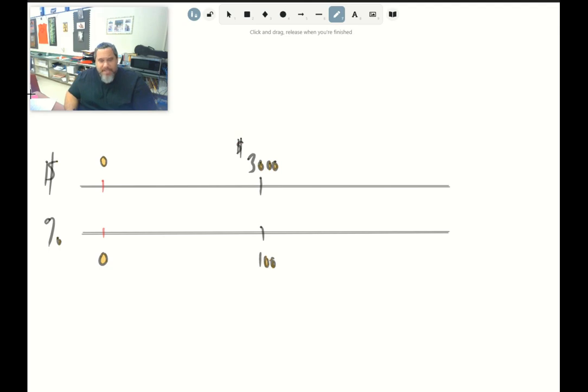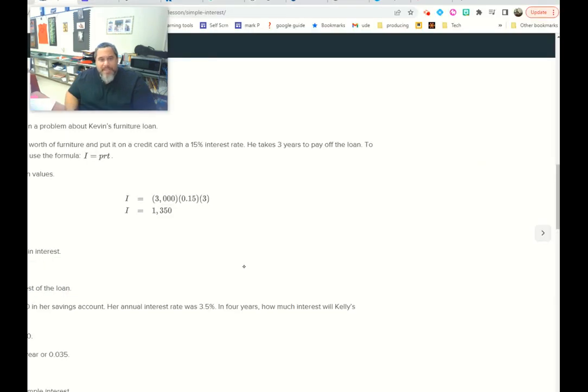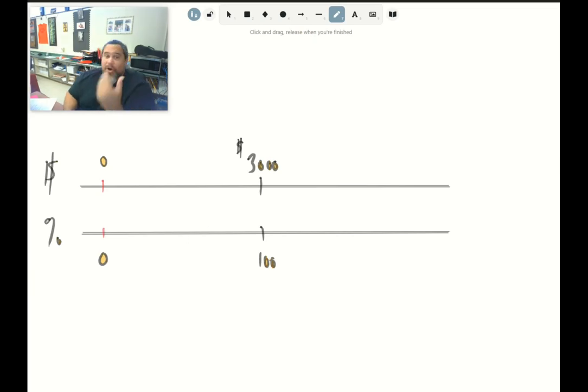Then it says I'm growing by 15% every year, meaning that's how much I owe grows. If I borrow 3,000, I'm borrowing 100%. I've got to pay that all back, plus I've got to pay back 15% year one.